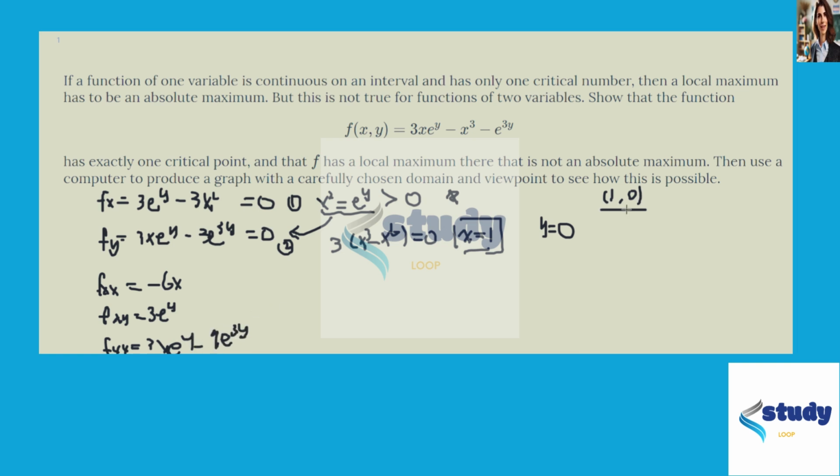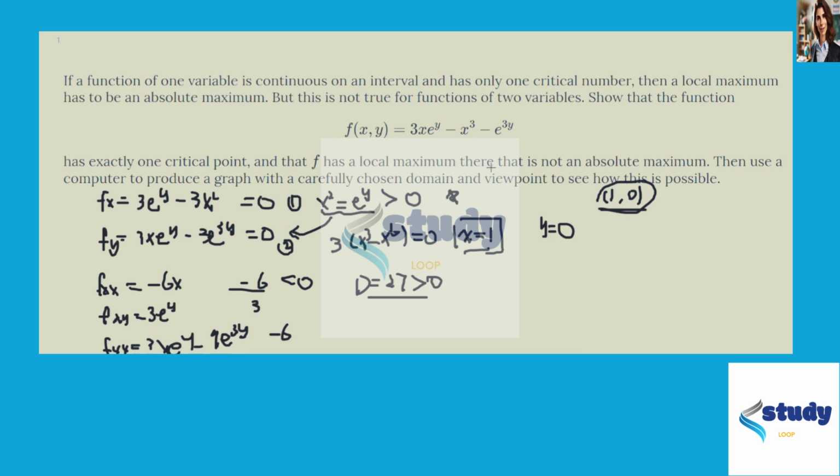At the point (1, 0), f_xx is equal to -6, f_xy is equal to 3, and f_yy is equal to -6. So D is equal to 27, which is greater than 0. Since f_xx is less than 0 at this point, the function has a local maximum value.